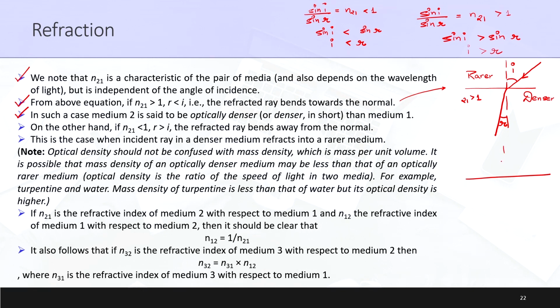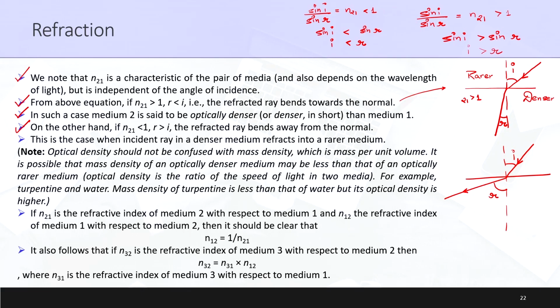So, what is happening in this sequence? Let us suppose this is the angle of incidence again, but this time the bending will be away from the normal, that means this will be the direction of bending. This is the angle of incidence, and this is the angle of refraction. So, on the other hand, if n21 is less than 1, the refracted ray bends away from the normal.